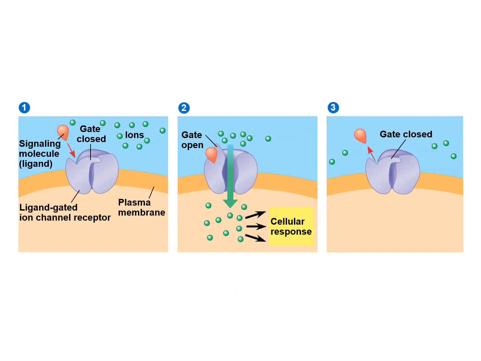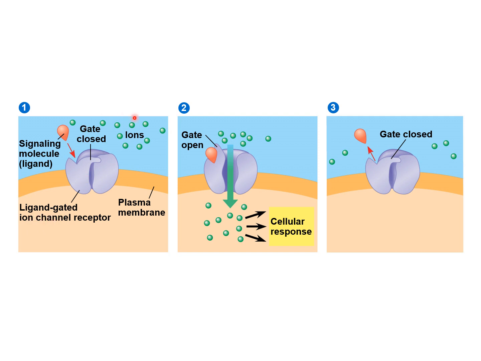This is the figure from the book. Here's your signaling molecule, the ligand. Again, they show it on the extracellular compartment. There are ligand-gated ion channels that respond to the presence or absence of molecules inside the cytosol as well.